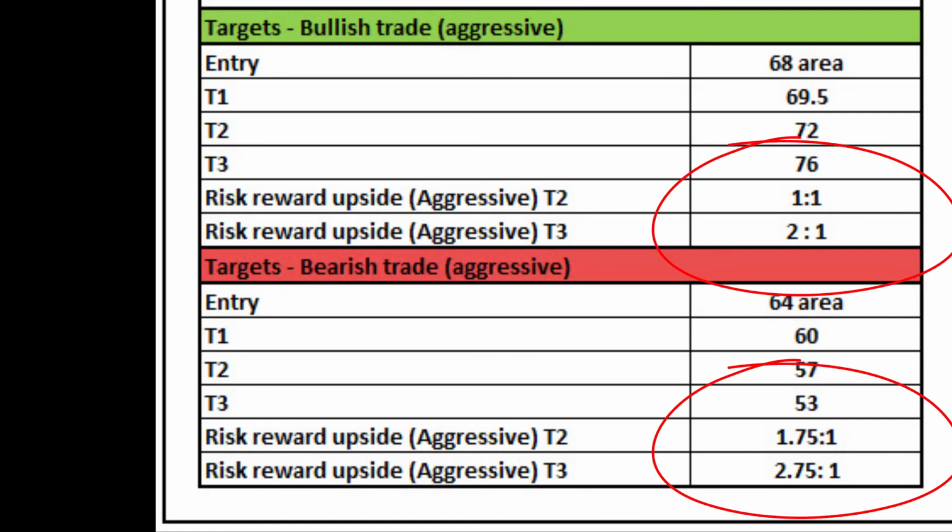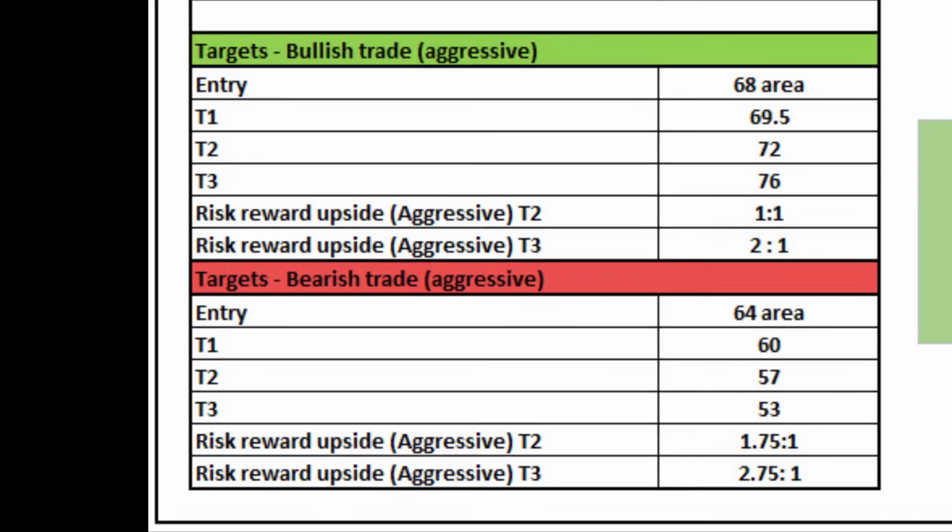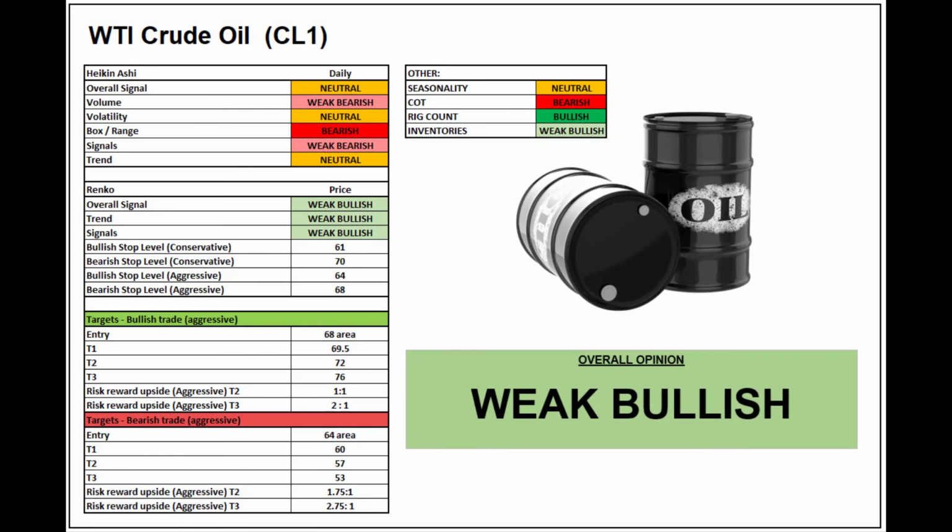But like I say, it's just got that feeling overall of looking to bounce from this pullback that we've seen. So really it's a case of keeping an eye on the signals and sticking to your strategies, especially in the technical analysis world. If you get those signals, follow them, stick to that plan. But overall, crude oil, I'm going to give it a weak bullish overall opinion.